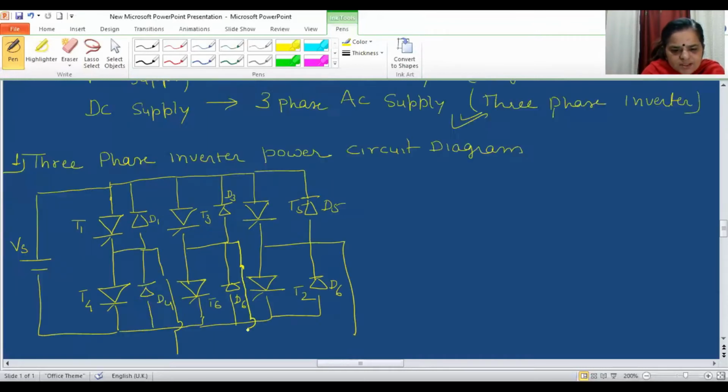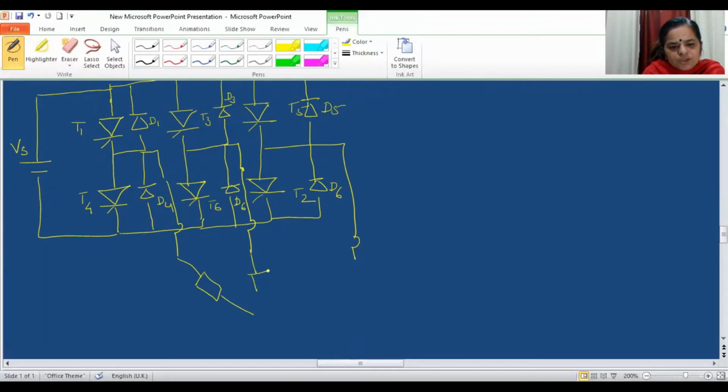And you can see this is how the output of the 3-phase inverter is connected to the 3-phase balanced load. Suppose here I am going to get the A phase output. This output is called the B phase output, and this output is called the C phase output. At the middle point of the 2 SCRs connected, we connect the individual load, and this is the neutral point. Suppose this is ZA phase impedance, ZB phase impedance, and ZC phase impedance.